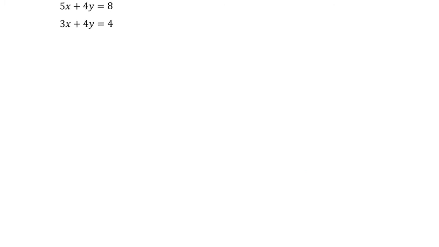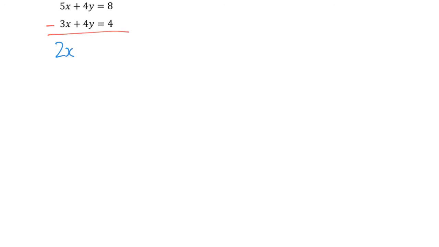So if we have these two equations, 5x plus 4y equals 8, and 3x plus 4y equals 4, what we can do is we can try and eliminate one of the unknowns. What we can see is that both of the equations have a 4y. So let's see what happens when we subtract these two equations. So if we had 5x, take away 3x, that leaves us with 2x.